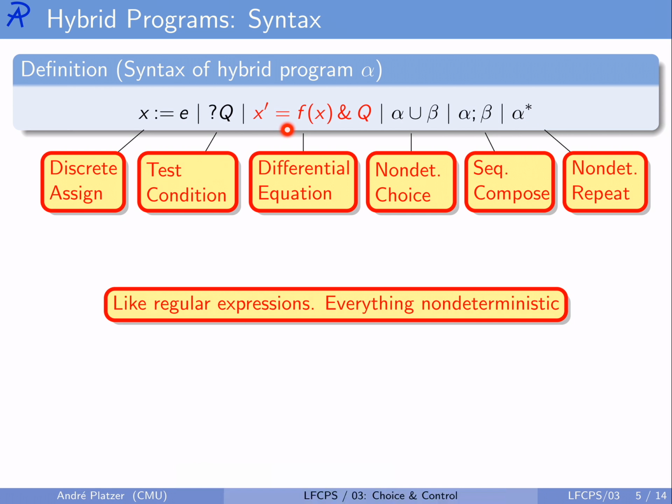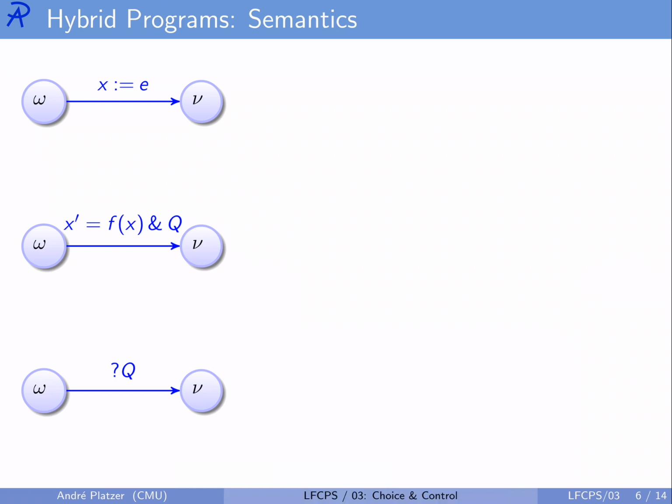And in fact, even the differential equation might already take us into many different possible states, depending on how long we follow. So the right semantics is one that takes us from an old state omega to a new state nu, but there could possibly be multiple of those new states nu for the same old state omega. So in other words, in general, this is going to be a relation of old states with new states.